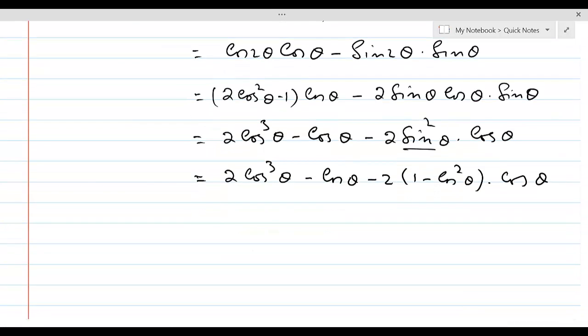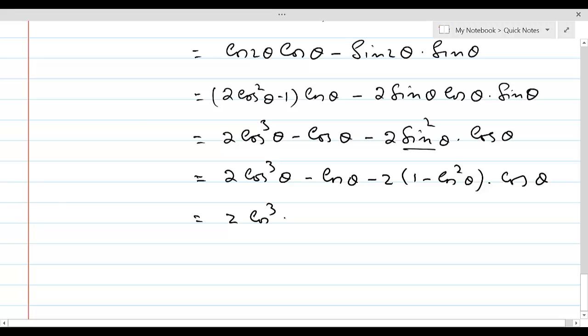And therefore we can simplify: 2 cos cube theta minus cos theta minus 2 into 1 minus cos square theta into cos theta.